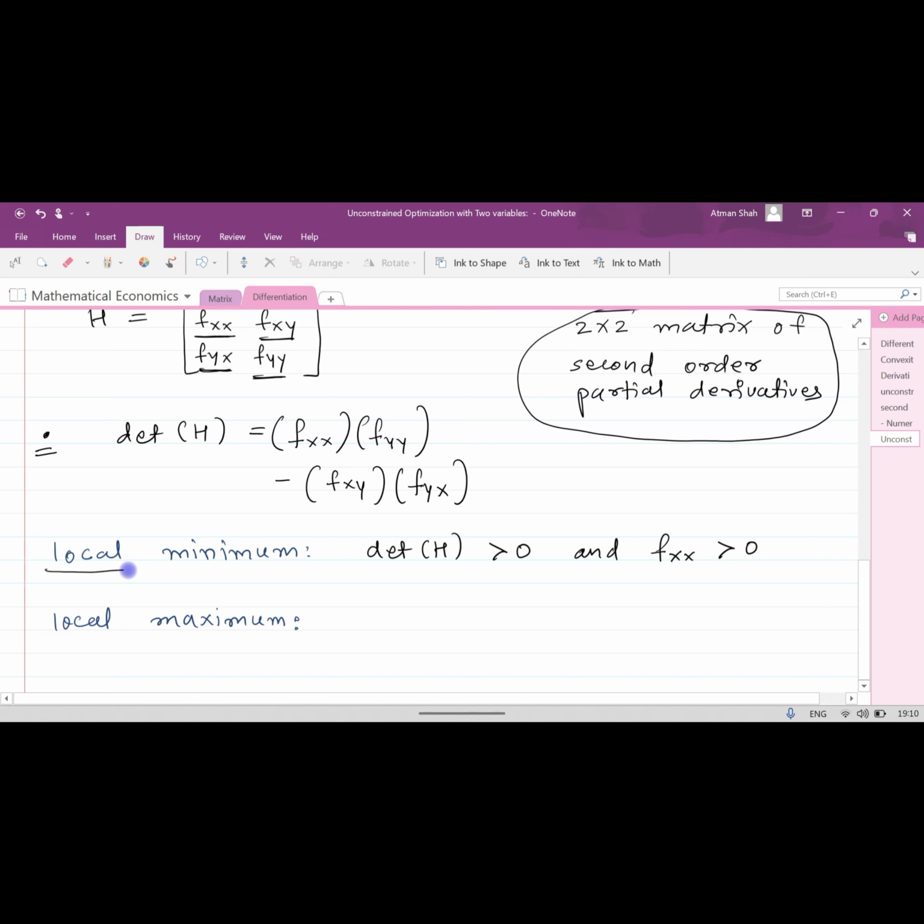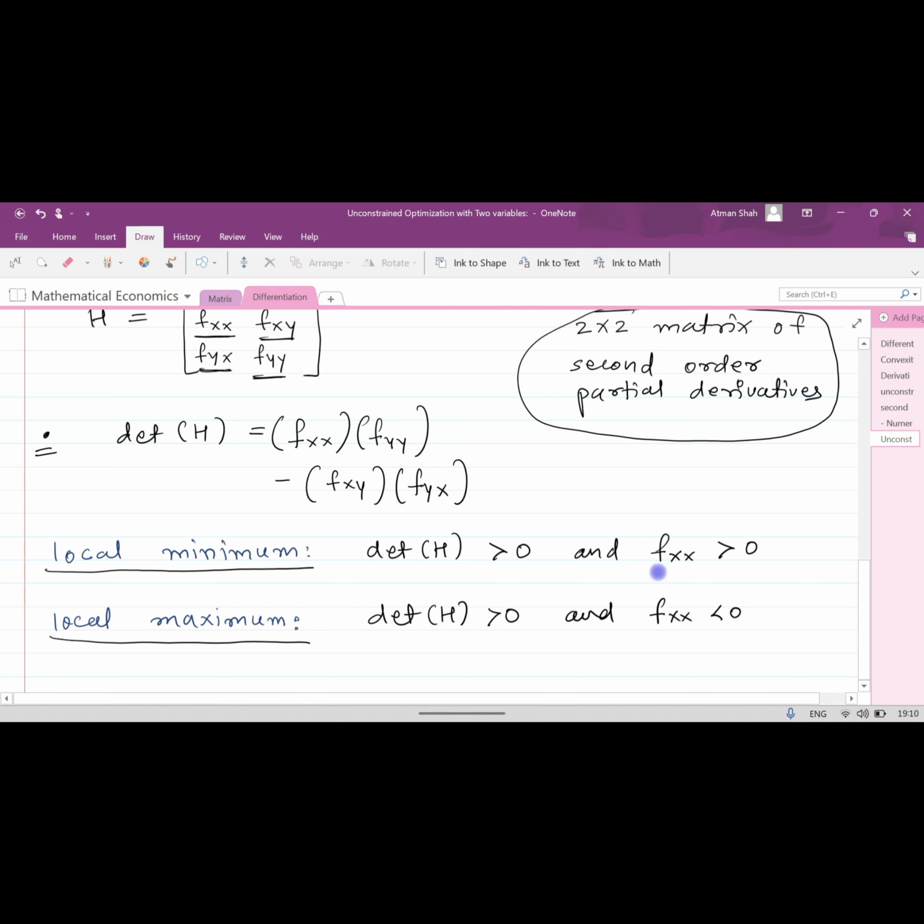That is local minimum. For local maximum, the determinant of H must be greater than 0 and fxx must be less than 0. So that is the idea of second order condition.